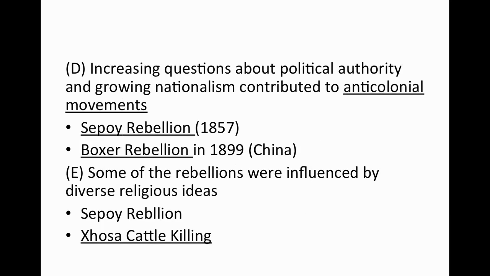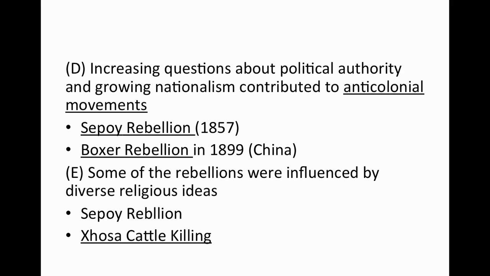Subconcept D states increasing questions about political authority and growing nationalism contributed to anti-colonial movements. So what are some examples of, again, the people in a colony rebelling against the imperial government? The Sepoy Rebellion, we mentioned that in the last concept, and the Boxer Rebellion are two great examples of anti-colonial movements.